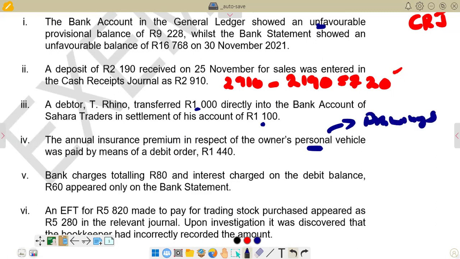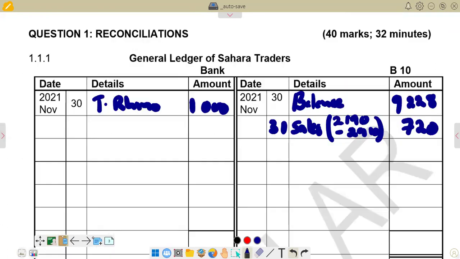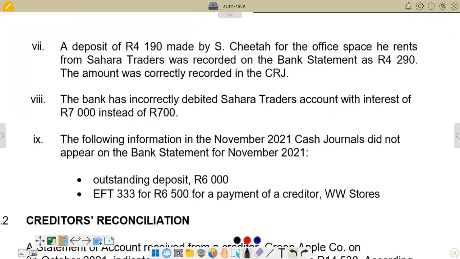So on the description, we're going to write drawings. So come here, we are saying drawings. We put 1,440. So this is what we have, and then we can go back again to see what we have next.